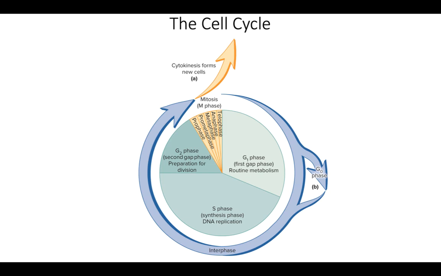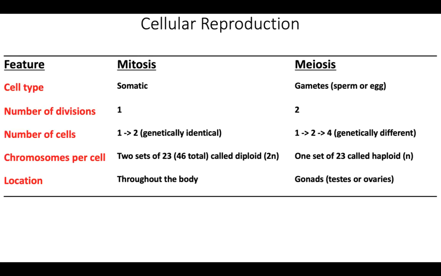So that's why nerve damage and nerve injury is so hard to treat, because we haven't figured out a way to take a neuron and make it divide. Now, the field of stem cells might one day help us replace nerves, but we're not quite there yet. All right, so that's the cell cycle and mitosis.